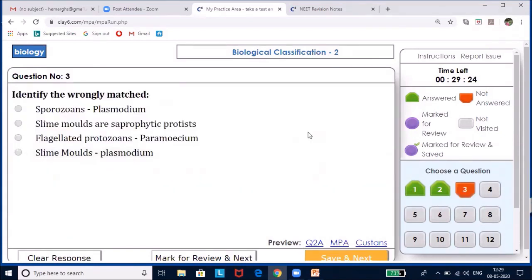Identify the wrongly matched: sporozoans, Plasmodium; slime molds, saprophytic protists; flagellated protozoans, Paramecium; slime molds, Plasmodium. It is flagellated protozoans, because Paramecium is a ciliated protozoan.